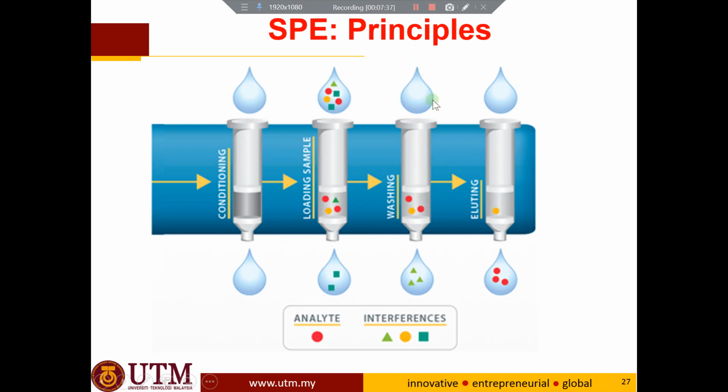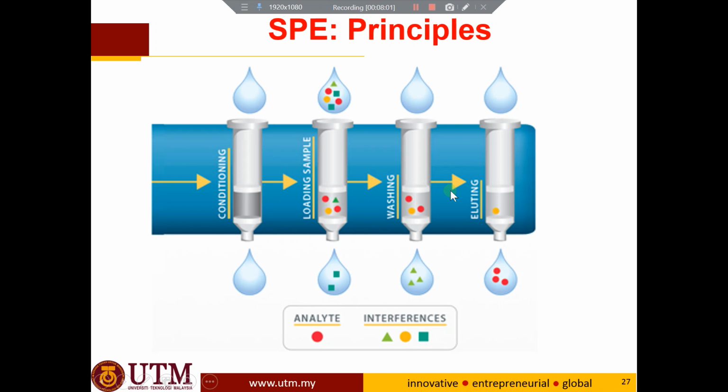We put any kind of solvent for washing purposes. Let's say our analyte is polar and our particle here is polar, so they already interact. So we have the non-polar impurities. In the washing process, we use a non-polar solvent to remove the non-polar impurities.